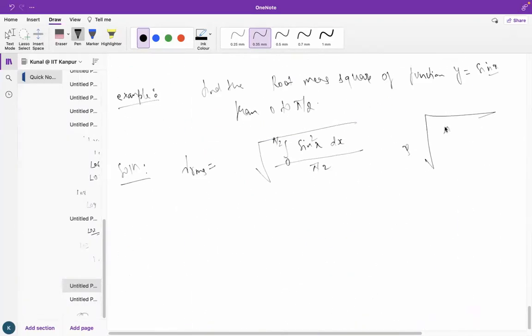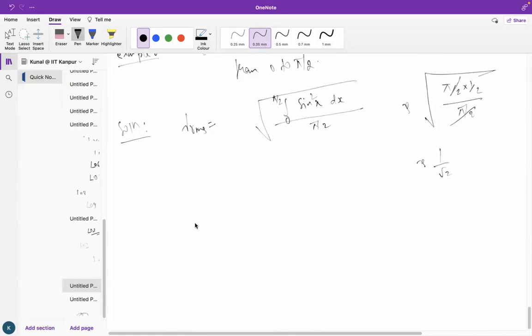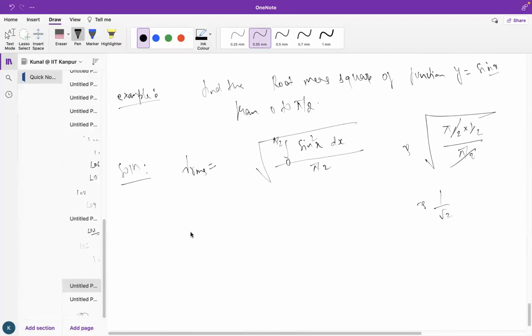So it will be pi/2 into 1/2 divided by pi/2. So it gets cancelled, and it will be 1/√2. So what we get here is that the root mean square of the function y equal to sin x is 1/√2, which is actually equal to sin 45 degrees, right? What is sin 45 degrees?